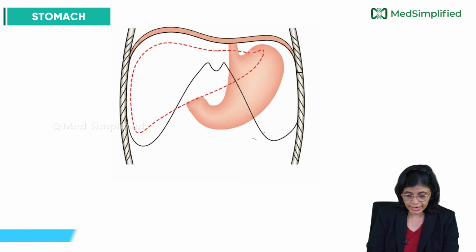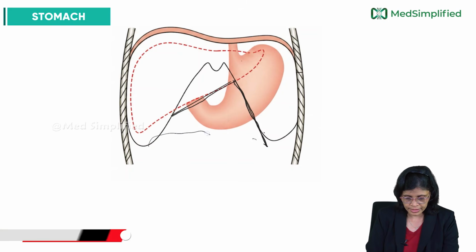This gastric triangle area is bounded on the right side by the lower border of the liver, on the left side by the left costal margin, and below by the transverse colon, which will be running here.